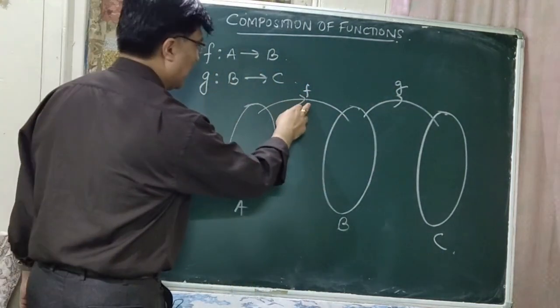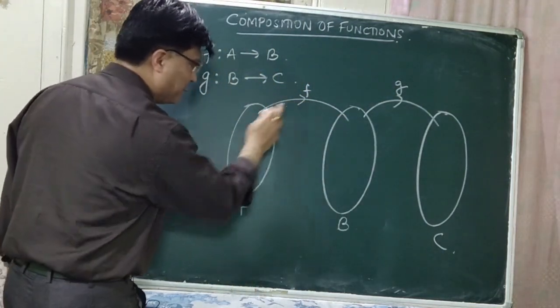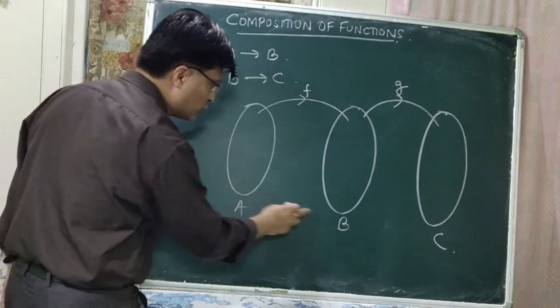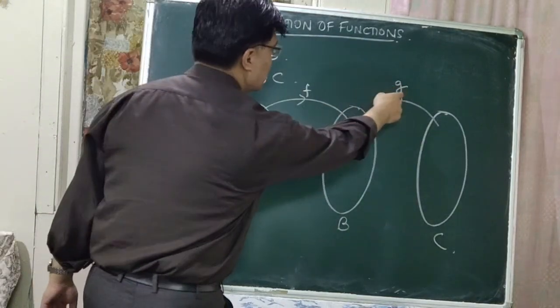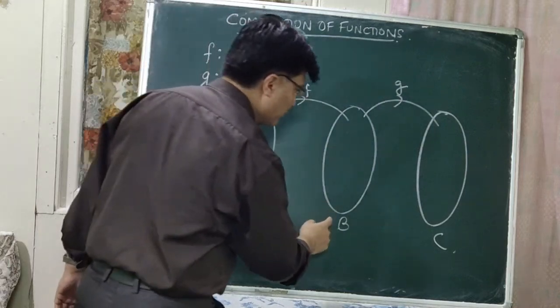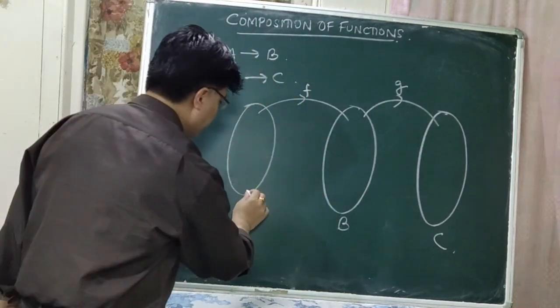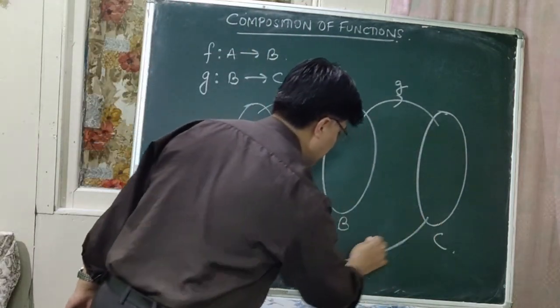So the function f is from A to B, and the function g is from B to C. So from A to C, how will you write it?